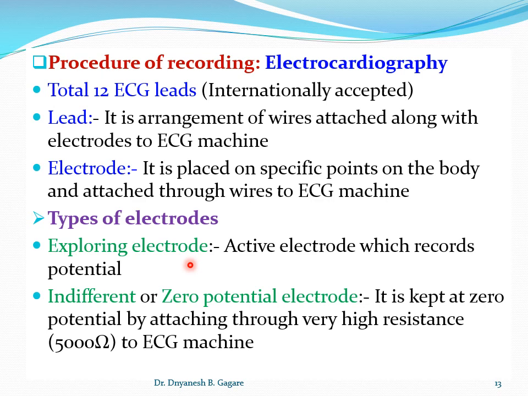Okay, and the second electrode, that is wire connected, is called the indifferent electrode, or it is also called the zero potential electrode. Why is it called the zero potential electrode? Because it is kept at zero potential by attaching it through a very high resistance, about 5000 ohm, to the ECG machine.